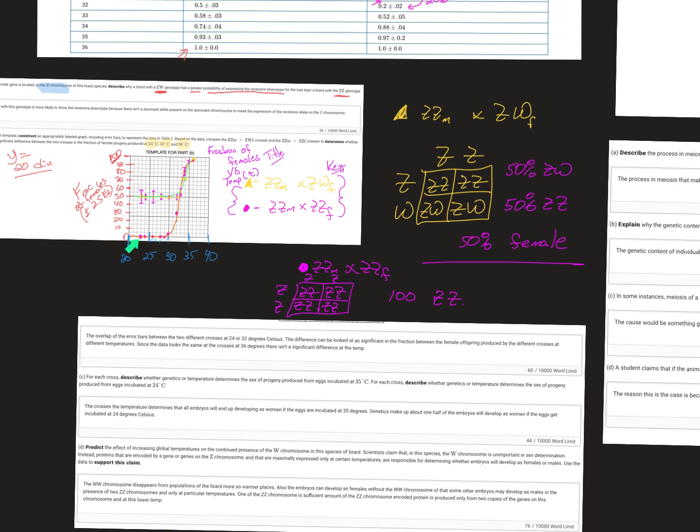It could be male or female, depending on incubation temperature. So if I'm at lower temperatures, I have 100%, I'd expect them to be at the genetics of it itself. If these are female, these are male. Since I'm getting ZZ, this is going to be determined by temperature.